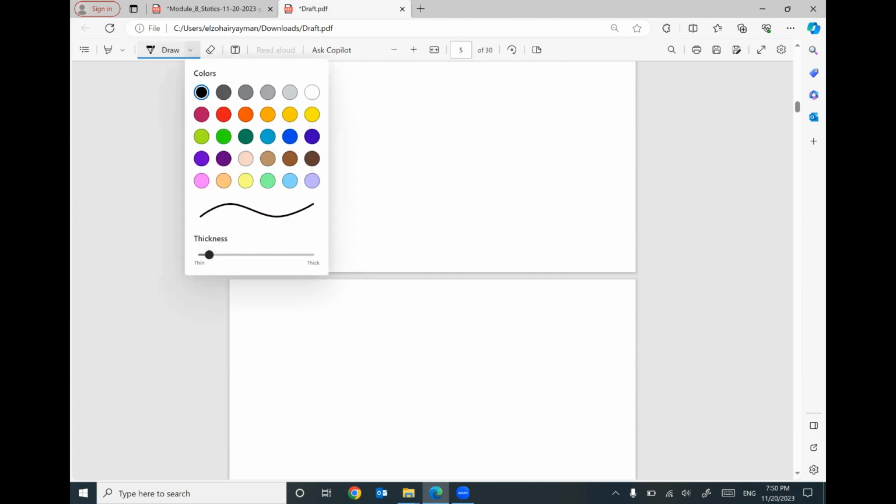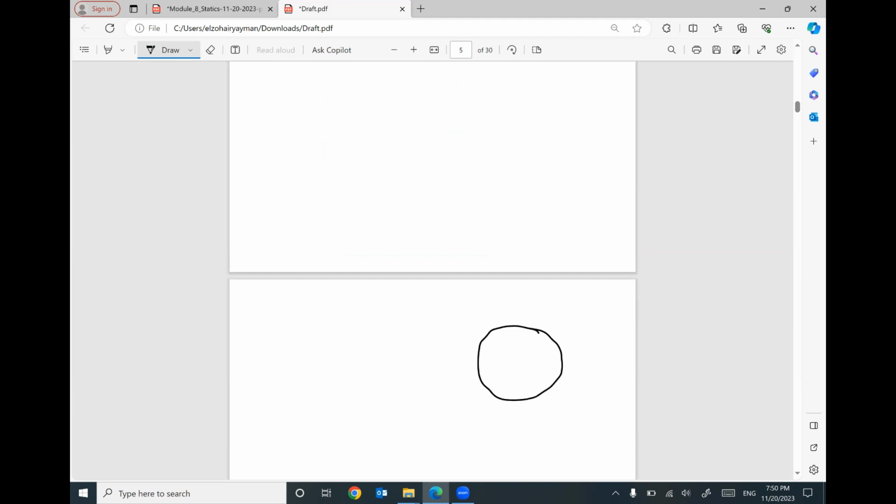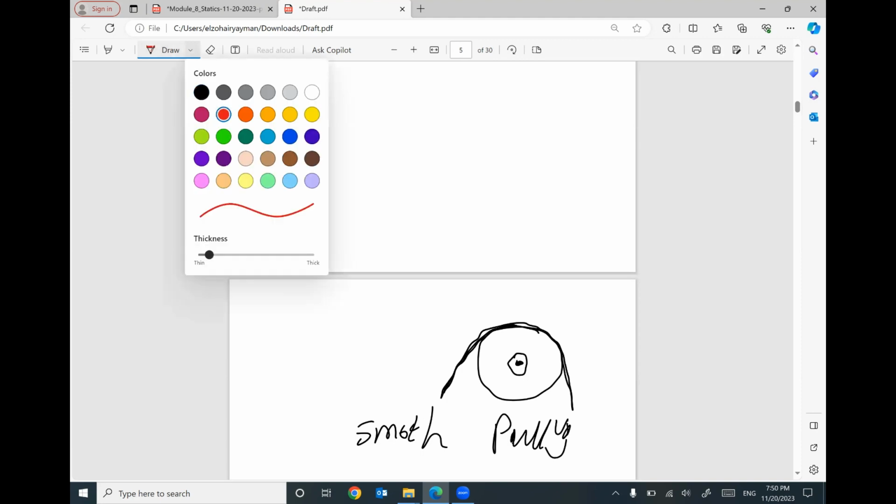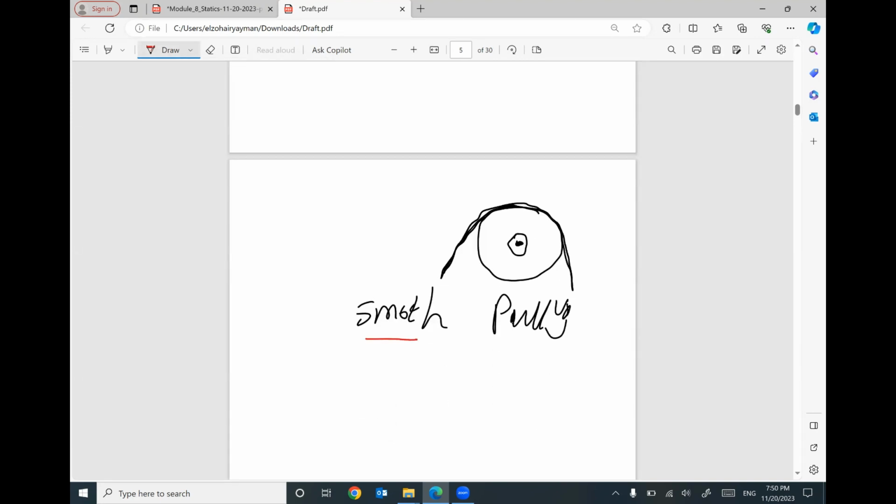Sometimes we have something here called a pulley, or smooth pulley. We have a pin here and we have a cable. If you have this case, which is a smooth pulley, we have a pin here.